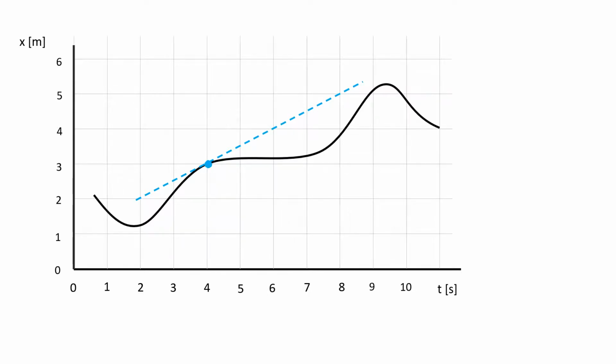You say, well, on that average velocity, I had a range. I had a final and initial. For instantaneous, it's a single point. How can I find the change of something at a single point? Well, that's where we just extend that dotted line out, and like I said, we're just physically graphing it.